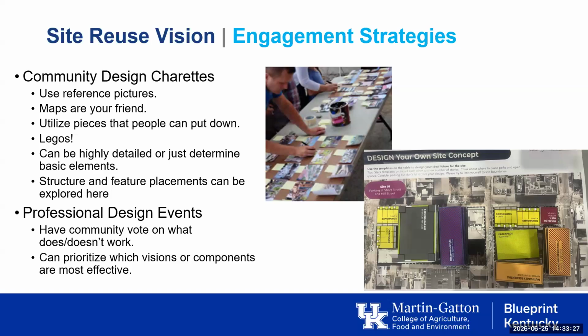And utilizing things that people can play with. Our director likes to use Legos a lot so that people can build and design their own versions of places and what they would like to see in them. That can just be really fun and creative, and also a little funky sometimes.